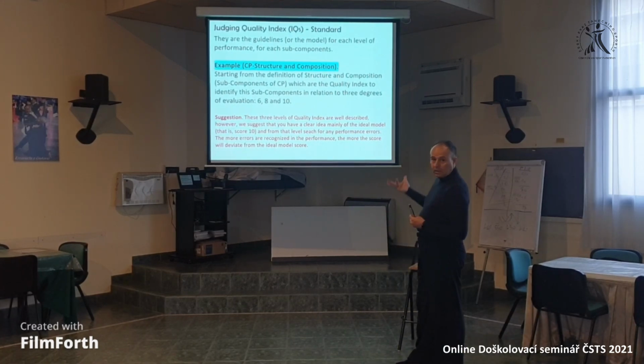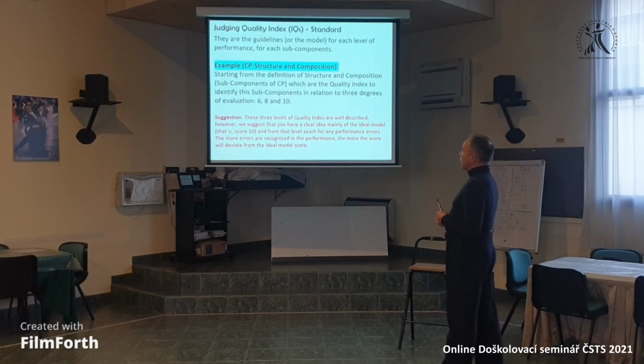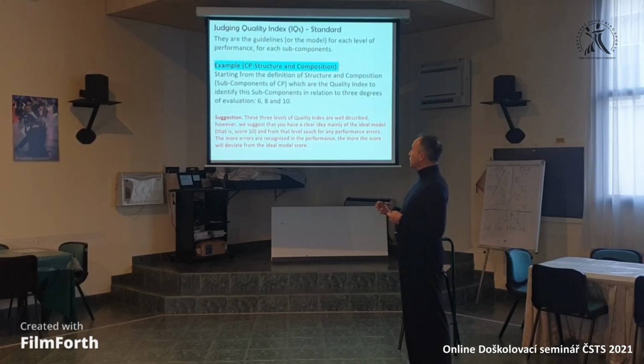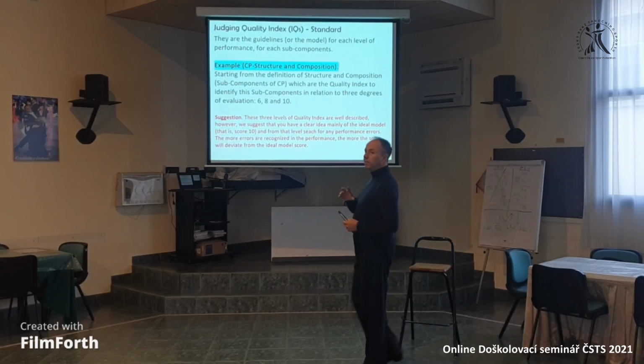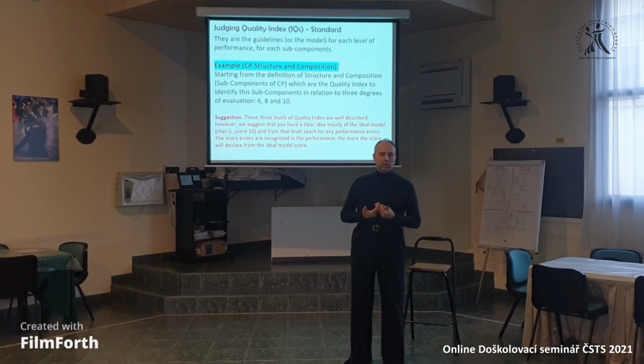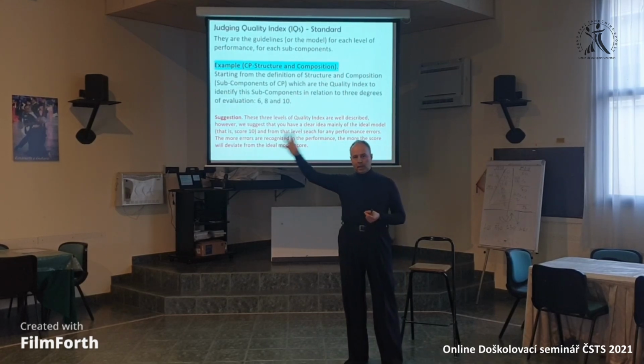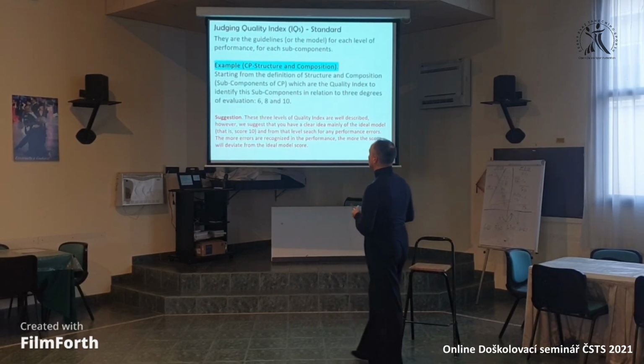We consider standard. What are the quality index? The quality index are the guidelines, or even better, the model, okay, for each level of performance. So there are in the manual 3 possible levels of performance: score 6, score 8, score 10. 10, remember, is the ideal model.